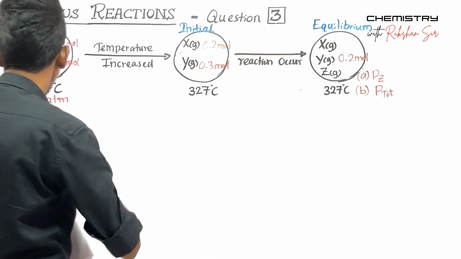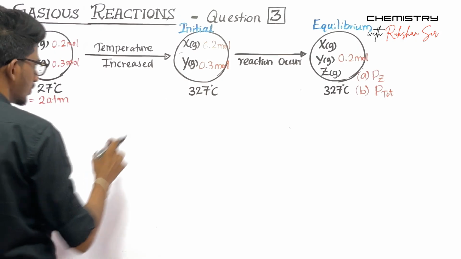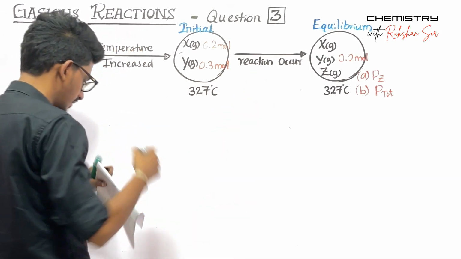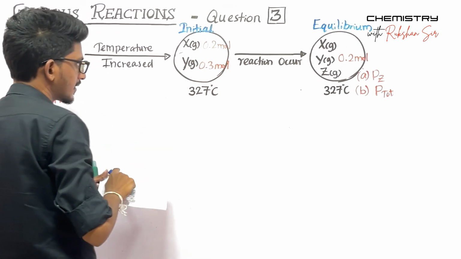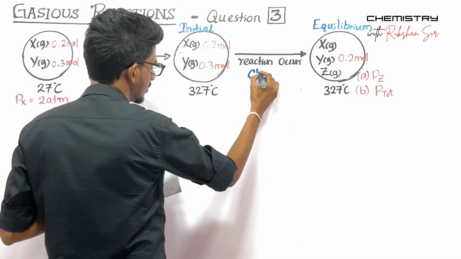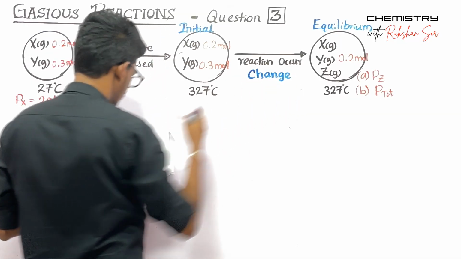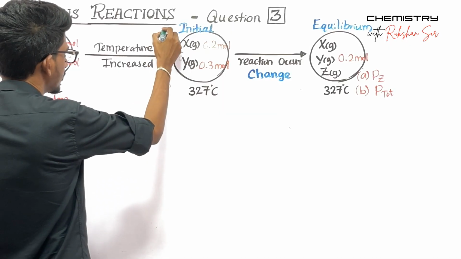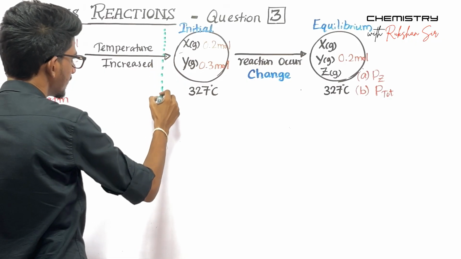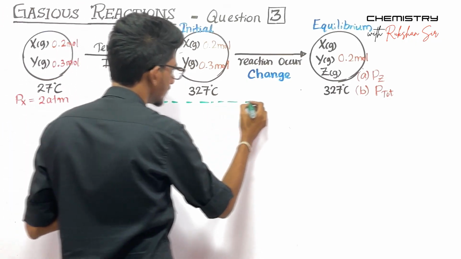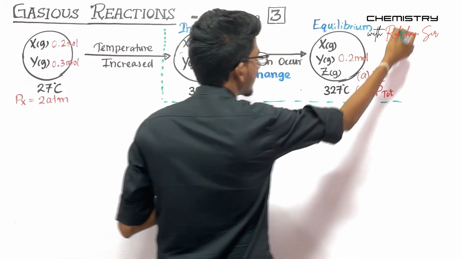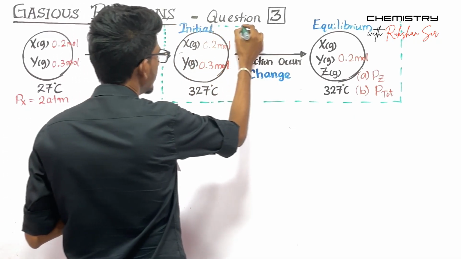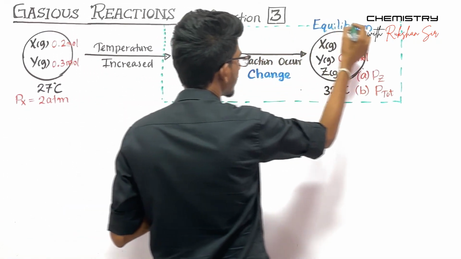Okay, so let's build the reaction table. The change occurs here. The reaction table is constructed for this section. A reaction table is always constructed for a system where some reaction is happening.